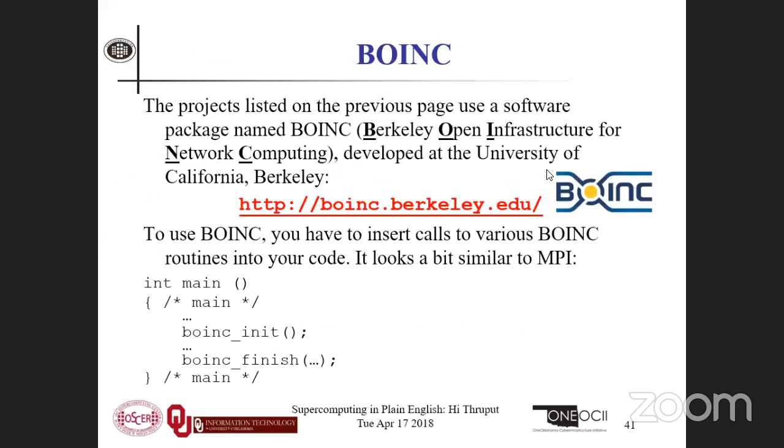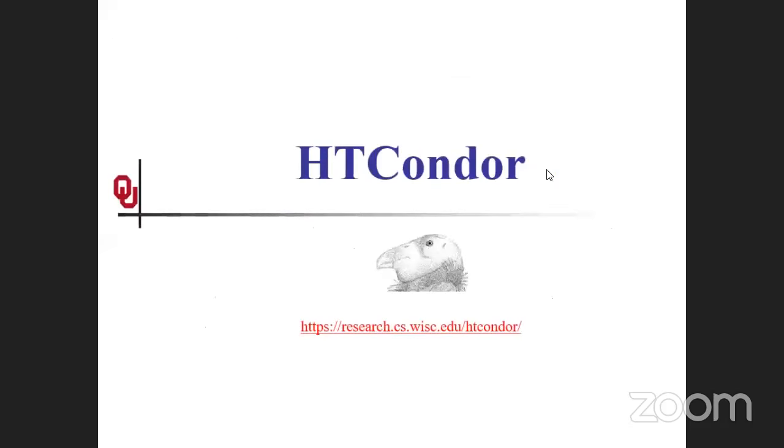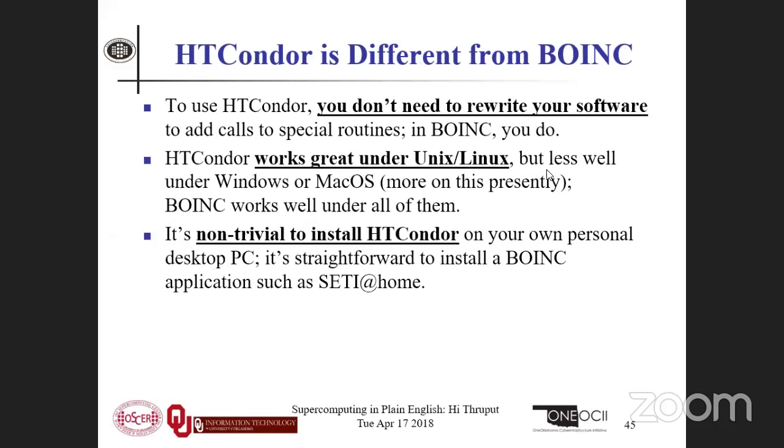So in BOINC, you have to put in a little bit of stuff. You have to change your code a little bit. Unlike BOINC, you don't have to make any changes to your code at all. Condor works really well under any Unix-like operating system, or at least most of them. Significantly less well under Windows. I'll talk about that in a moment.